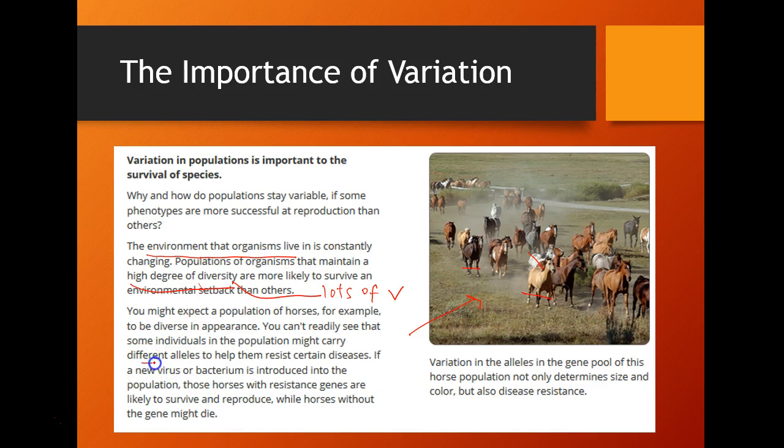For example, it can have different alleles to help them resist certain diseases. So if we were to introduce some sort of virus or bacteria into the population, then the horses that have those resistance genes are able to survive and reproduce, making that a key adaptation. Whereas right now, let's say there is no virus or bacteria introduced, then one is not favored over the other.